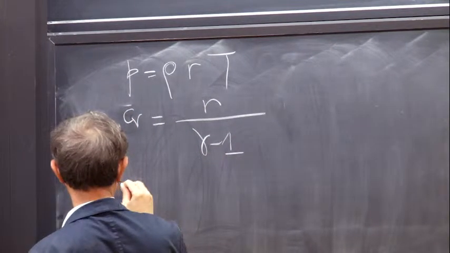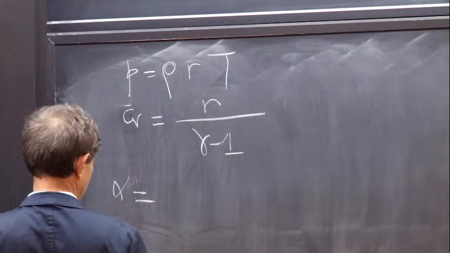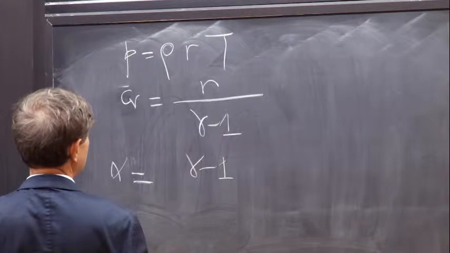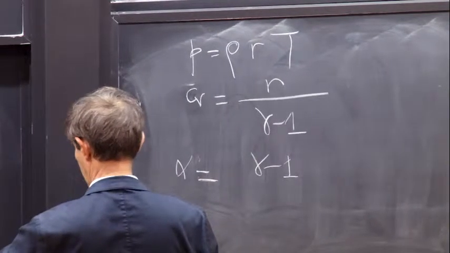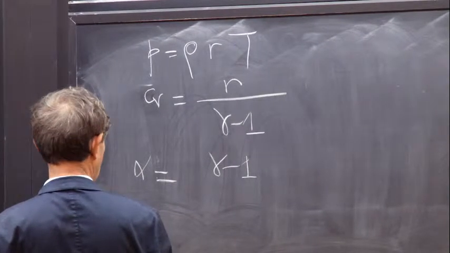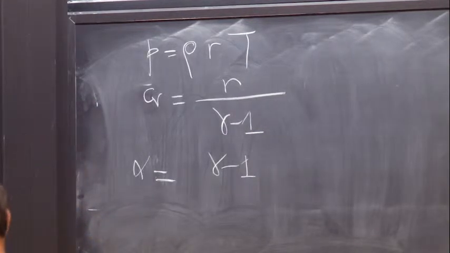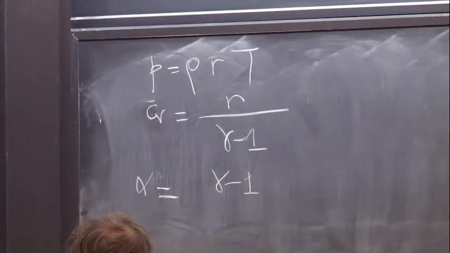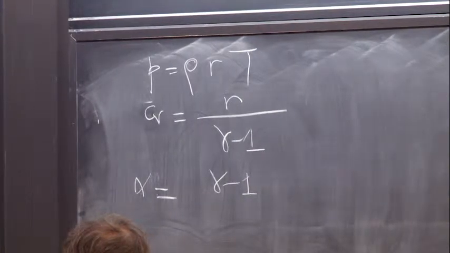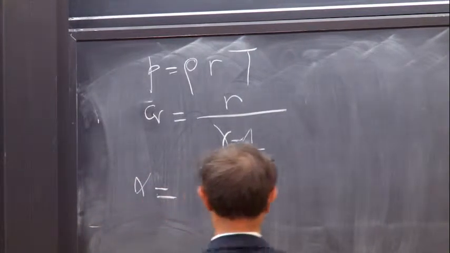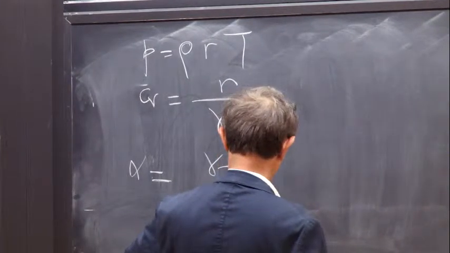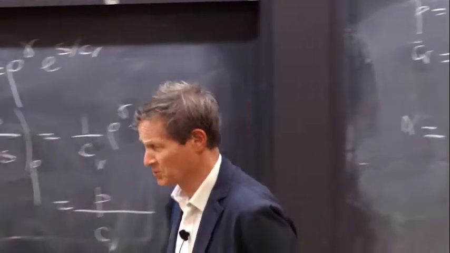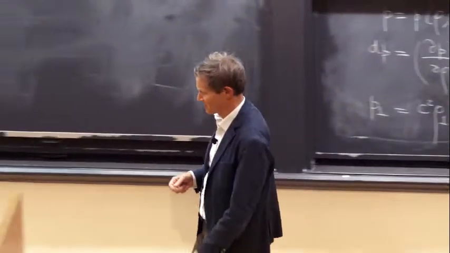So alpha is equal to gamma minus 1 multiplied by rho T. Is it so?